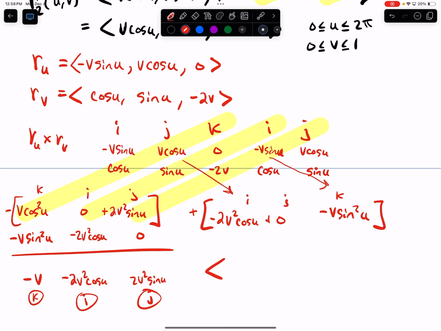So my vector: minus 2v squared cosine u, minus 2v squared sine u, and then minus v for the z part. Okay? So that's RU cross RV.